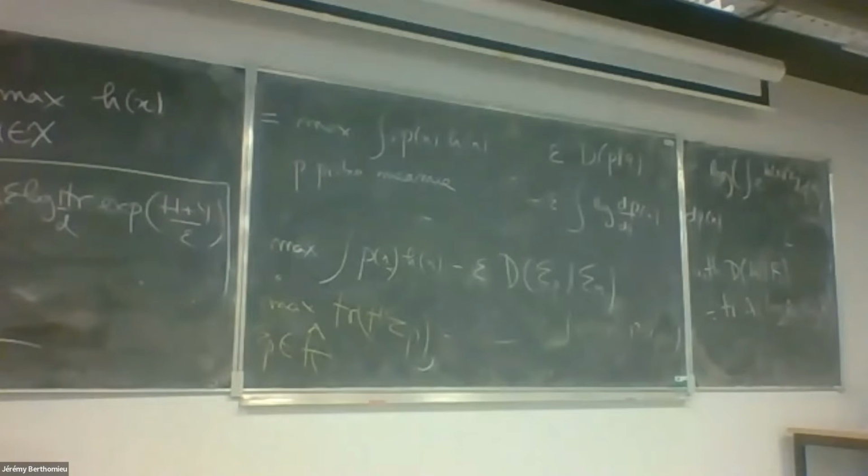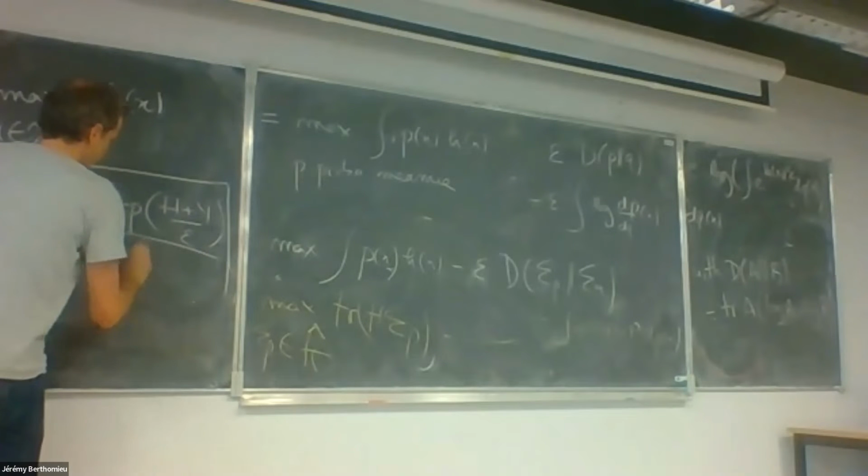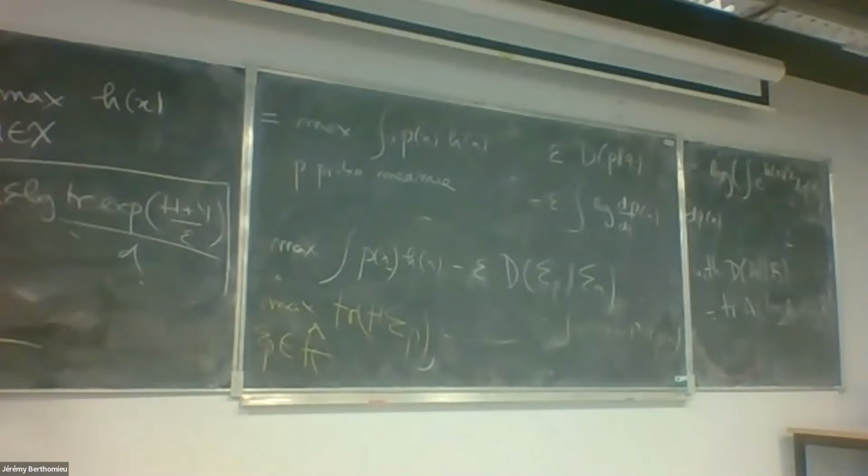So what is this? You take the exponential of the matrix, take the sum of the exponentials of the eigenvalues, and take a log. So this is a log sum exp of the eigenvalues of this matrix, with parameter epsilon. When epsilon goes to 0, you get back the maximum.